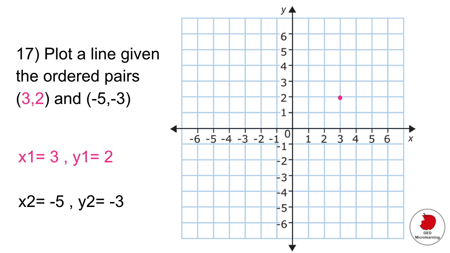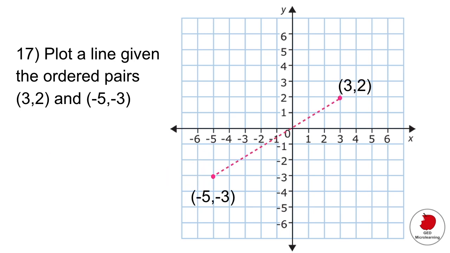So we would go to the 3 value there until we get to the 2. That's the 3, 2 coordinate. And then for the second value, -5, -3, we know that the x value is -5, so we would start up here, and then the y is -3, so we'd come down there. That's our point, and then you would plot the line like that.